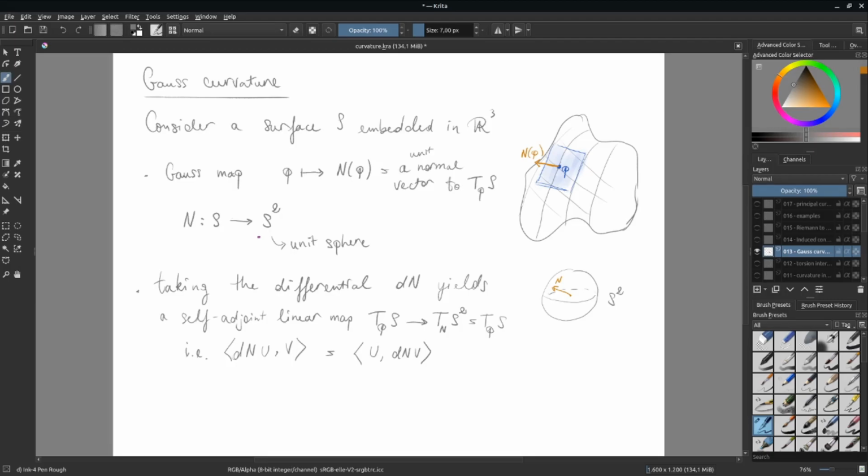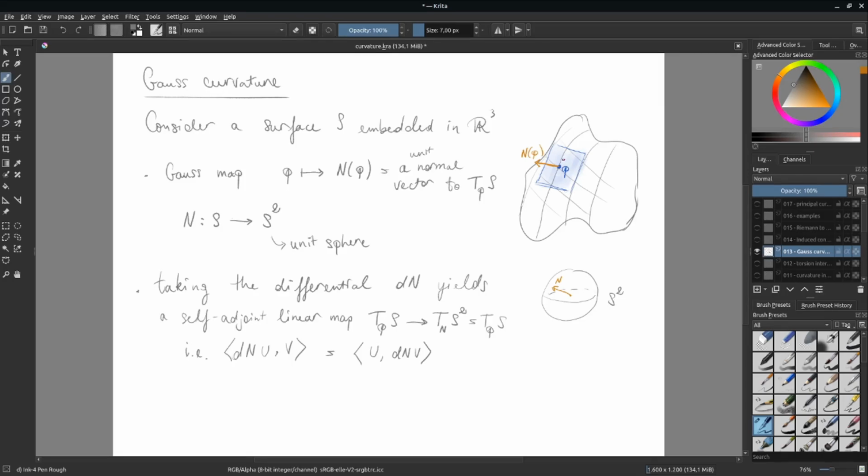So we have a linear map between two tangent spaces, and there's a couple of neat tricks. First of all, because we're in R3, the tangent space is two-dimensional. The normal is also, it's all the vectors orthogonal to this normal vector, and it turns out that the tangent space in S2 is actually the same tangent space.